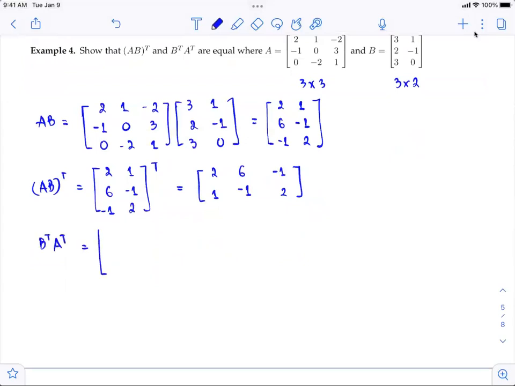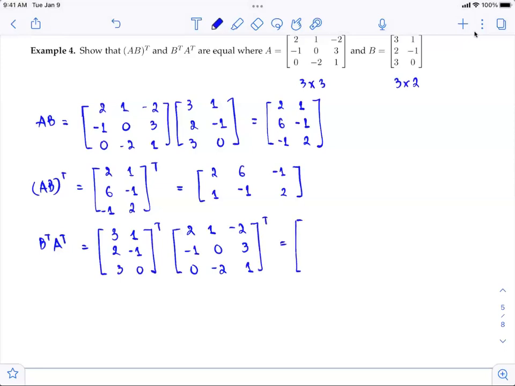So that means B transpose is 3, 1, 2, negative 1, 3, 0 transpose. And A transpose is 2, 1, negative 2, negative 1, 0, 3, 0, negative 2, 1 transpose. So the transpose of matrix B gives you 3, 1, 2, negative 1, 3, 0.